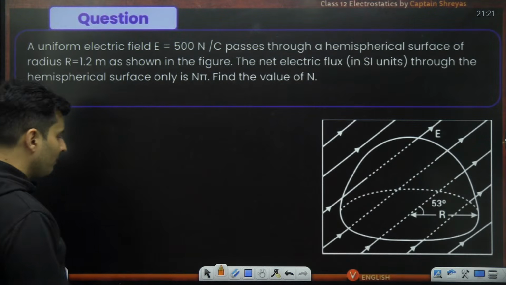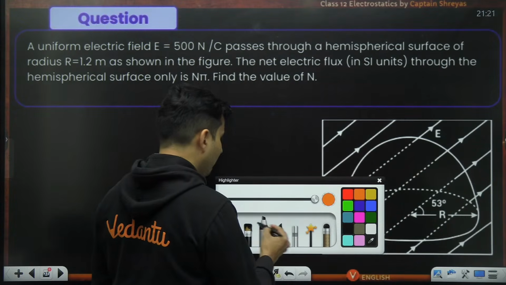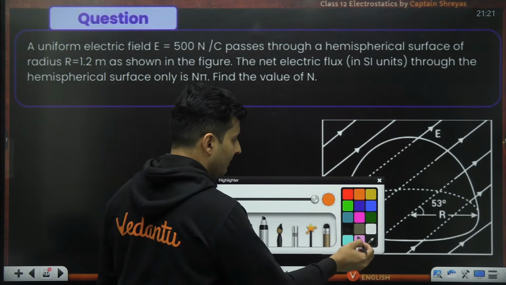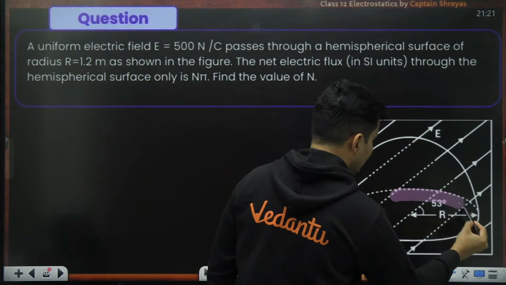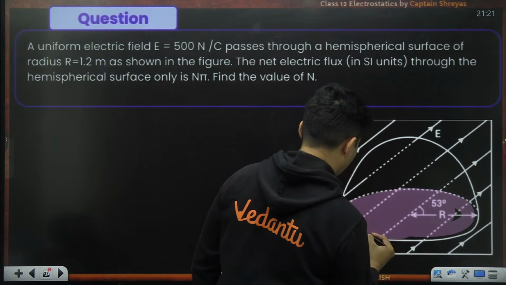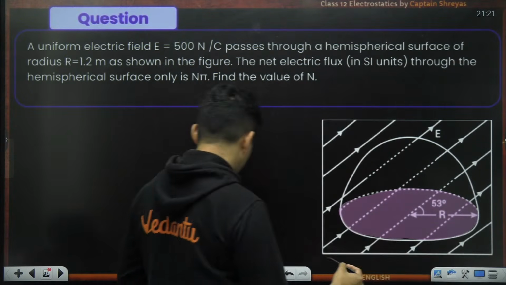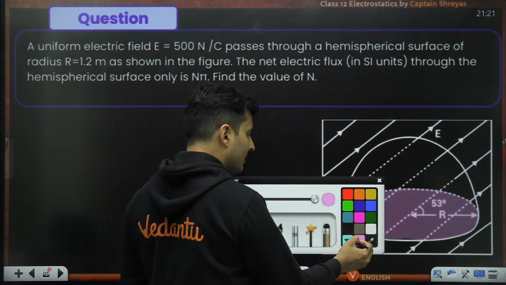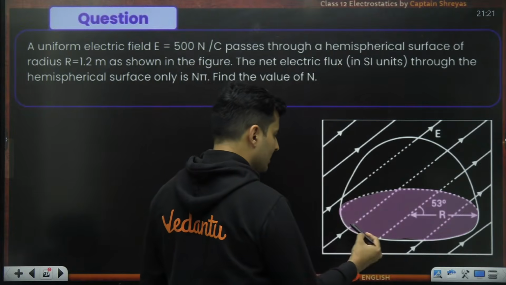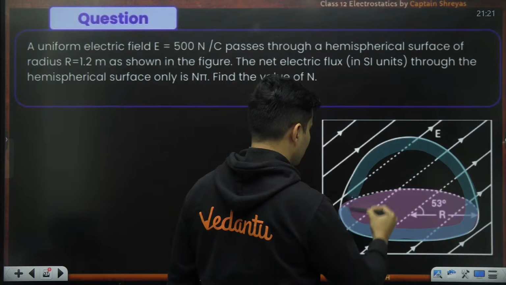I'll tell you one thing. Whatever flux passes through the circular base, observe this carefully through the diagram, that same flux will also pass through the curved surface.